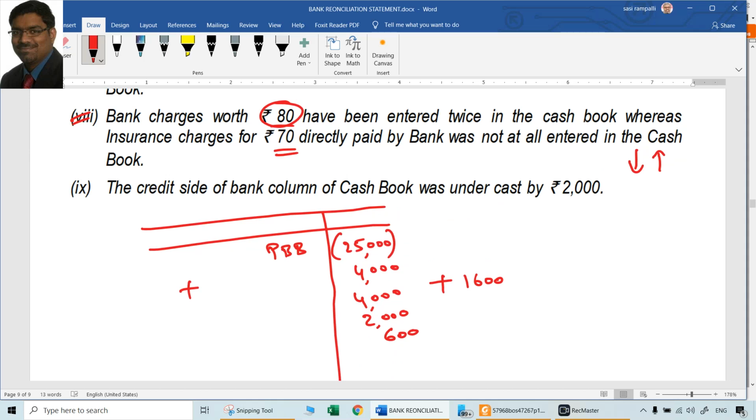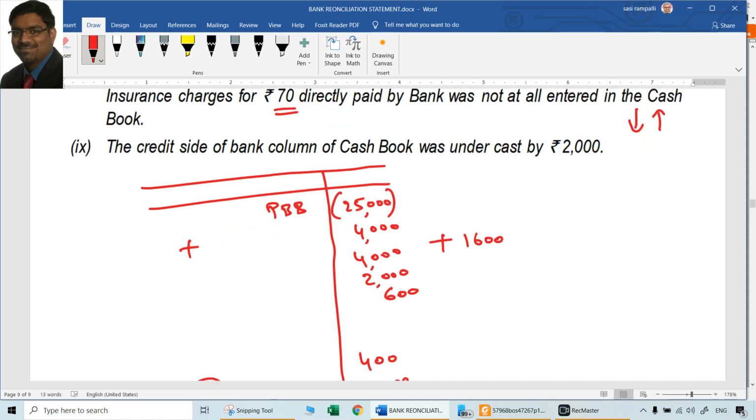Then second thing is different. Insurance charges for 70 rupees directly paid by the bank was not at all entered in cash book. So cash book is not the first impact. Passbook is the first impact, because bank recorded this. Directly bank paid this. That means passbook balance is already lower because of this, because bank recorded this. But cash book balance is higher. But we don't need that. Why? Because we started with passbook balance only.